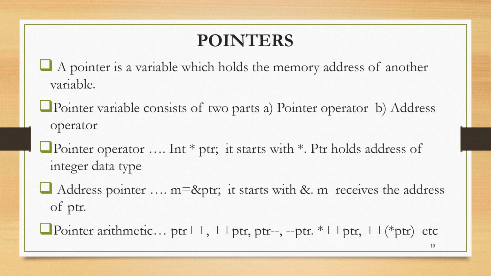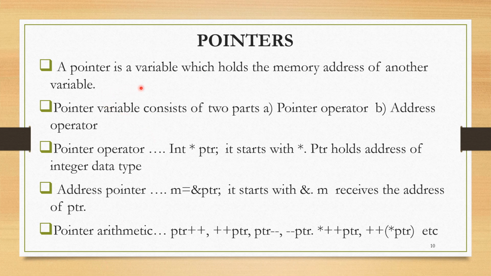Okay. Now we will see pointers. What are pointers? We have seen in data structures arrays and pointers. So the same pointers, how will we use them in C++? What is a pointer?